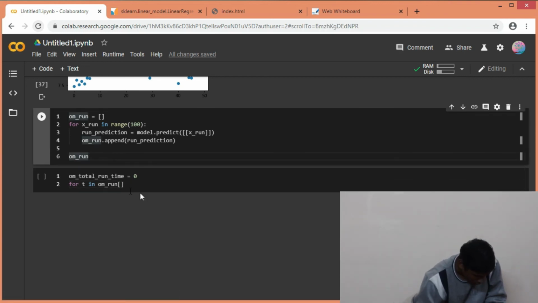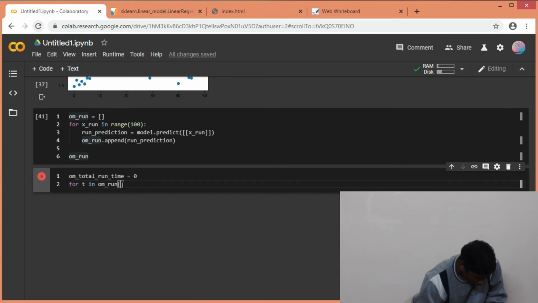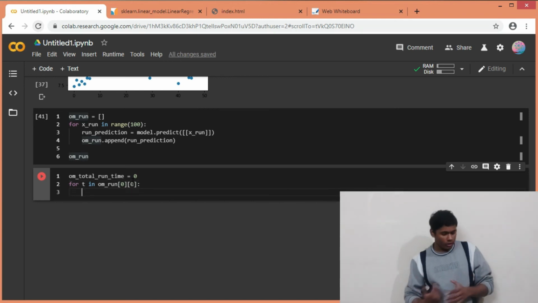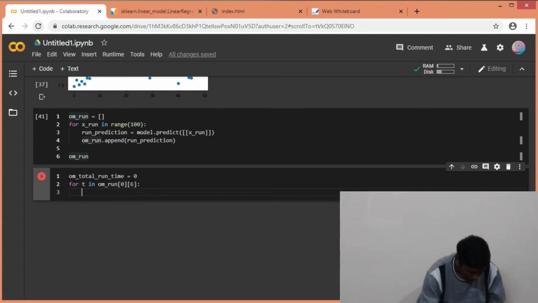That's a 2D array. So om run is actually a 2D array, so 0 and 0, and you have to say for t in om run, so that's the number of times om runs, and after that you can say om total, what did pop up?